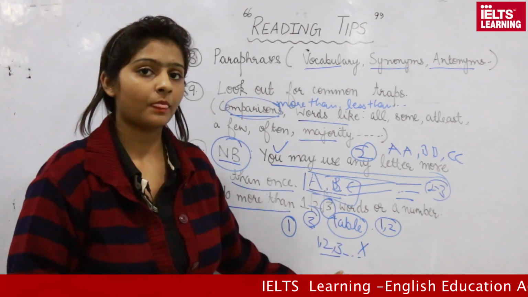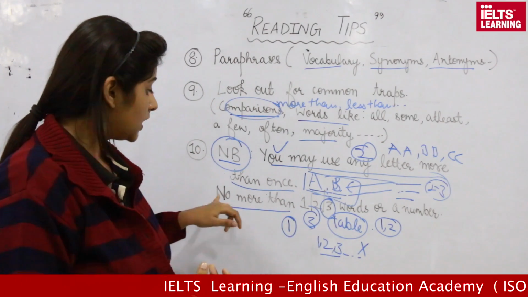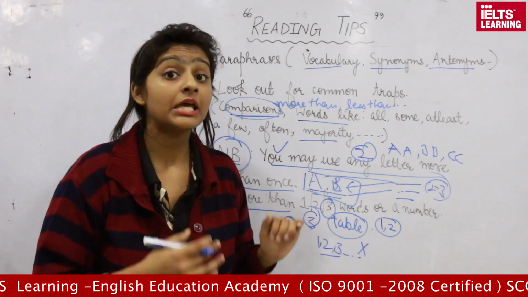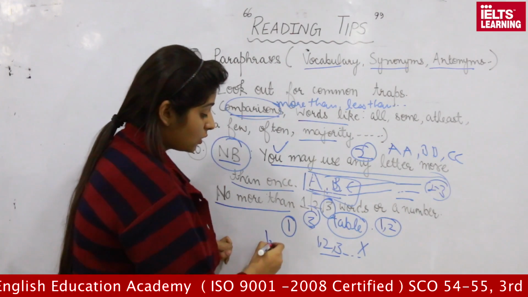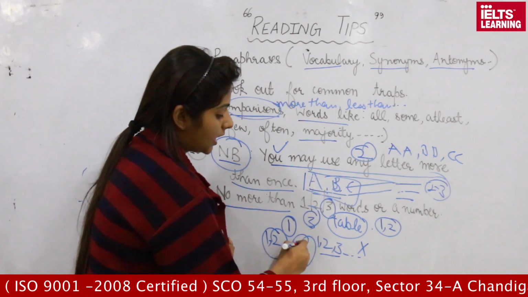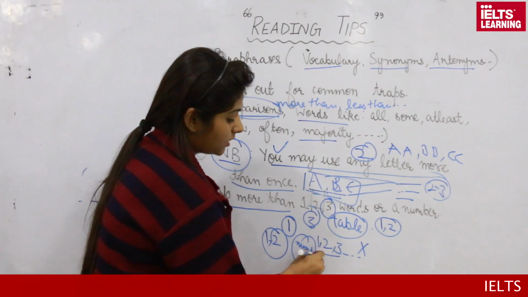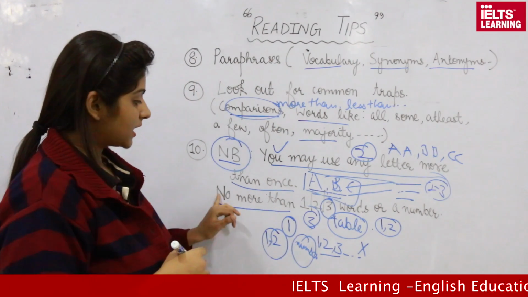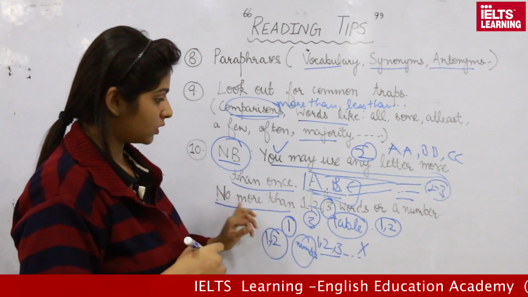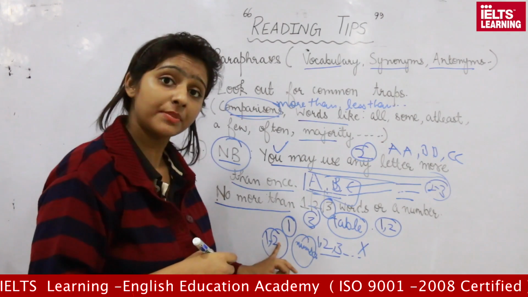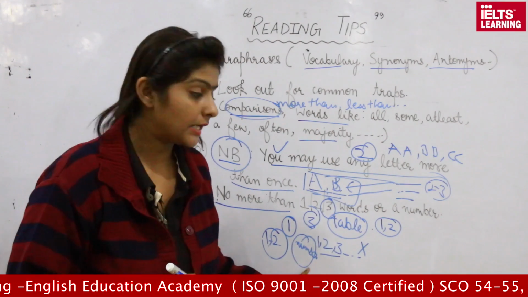There is also information given like no more than 2 words or a number. That means there would be 1 word or 2 words, or there could be only a number. So there will be one possibility from both. Not more than 2 words, or a number, means maybe 1 number or 2 words, or only a number.